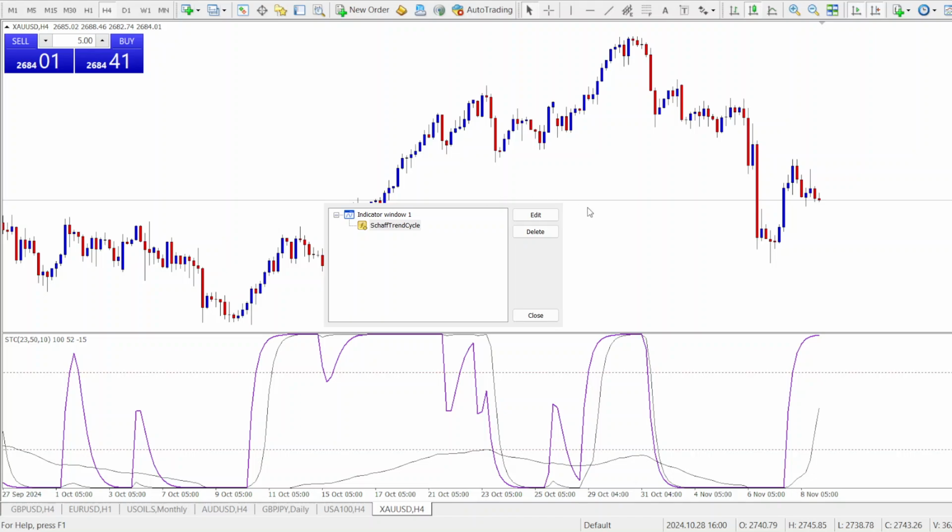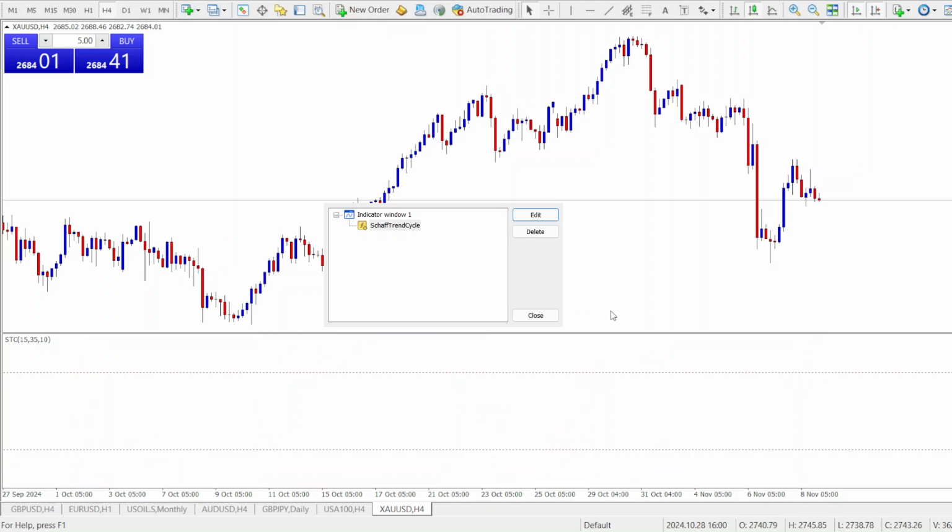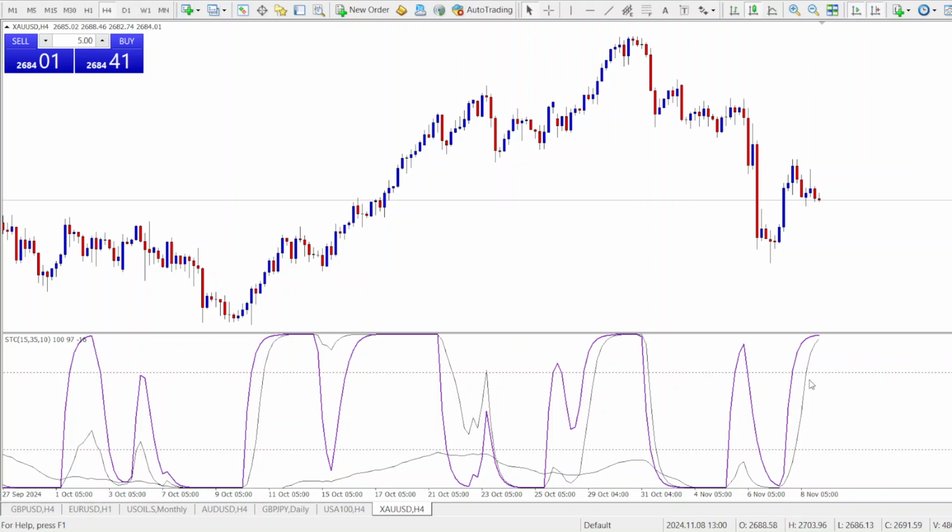Now let us see how these settings look on the chart. So now, using the STC indicator for intraday trading, you can modify the settings as indicated, and when you want to get your signals, you can look out for crossovers by the STC indicator in the overbought territory and in the oversold territory.